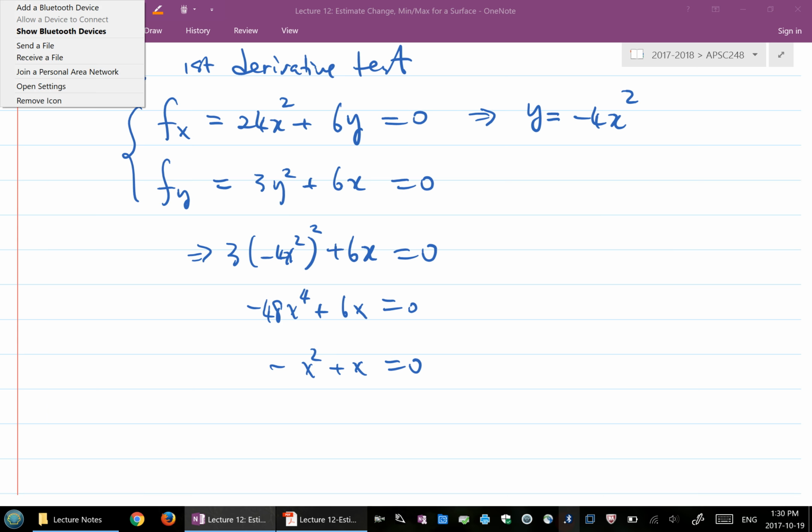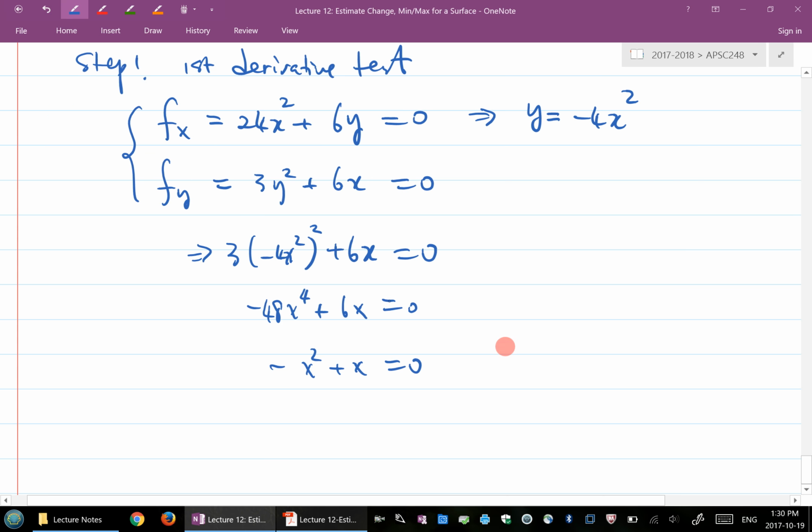Am I right? Yeah, this is 8, right? Positive? Oh yeah, positive, that's right. So 8 times x to the power 4 plus x equal to 0. Good.